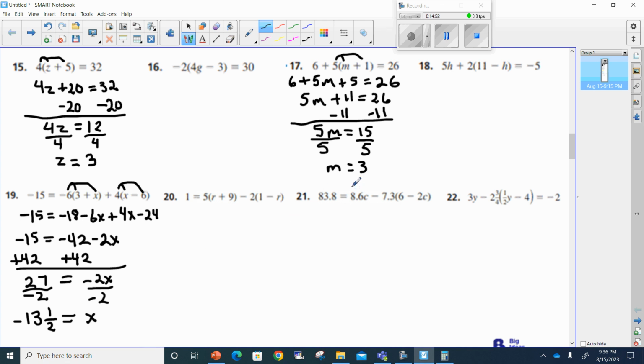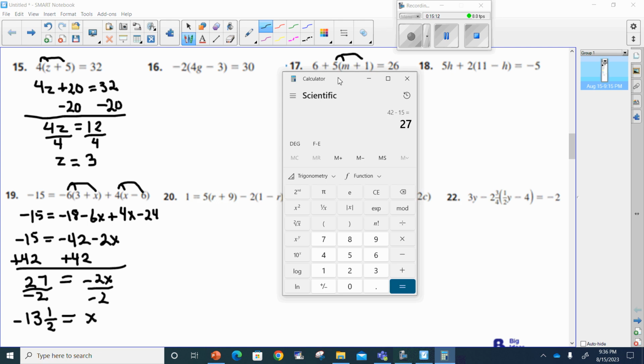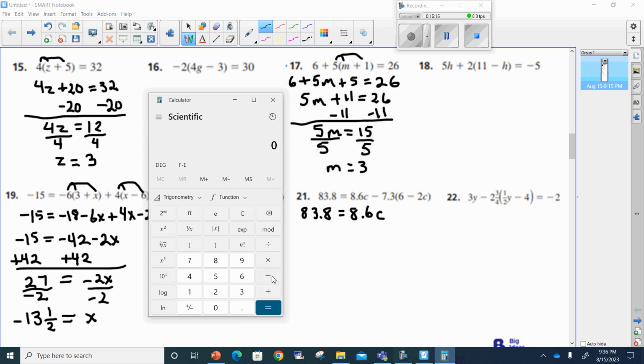Let's go to 21. This one's saying I'm going to have some decimals. So this would be 83.8 is going to be equal to 8.6 C. And then we got negative 7.3 times 6. 7.3 times 6 is negative 43.8.